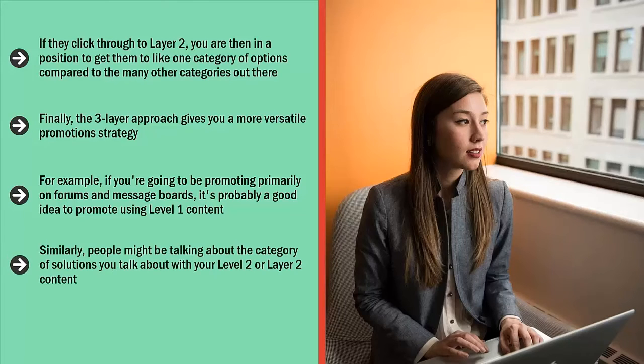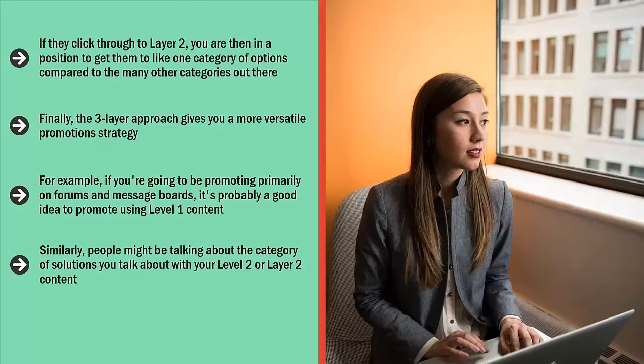Similarly, people might be talking about the category of solutions you talk about with your level 2 or layer 2 content. If you find such discussions on message boards, Facebook groups, or Facebook pages, you can copy and paste bits and pieces from your content, comment on it, and then drop a link.